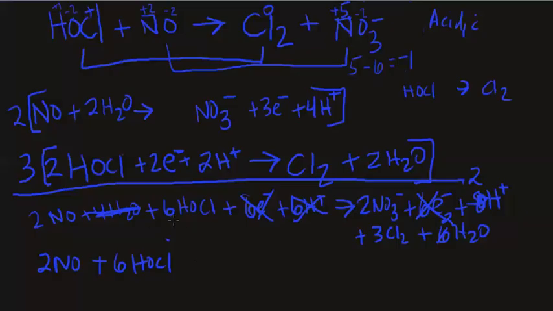And so that is, I believe, all of our reactants, and that's going to produce 2 nitrates plus 3 chlorides plus 2 hydrogens plus 2 waters. And then we can take a look at this.